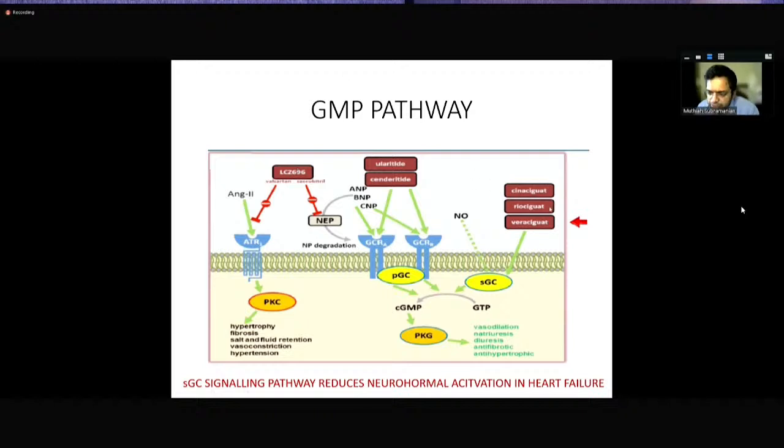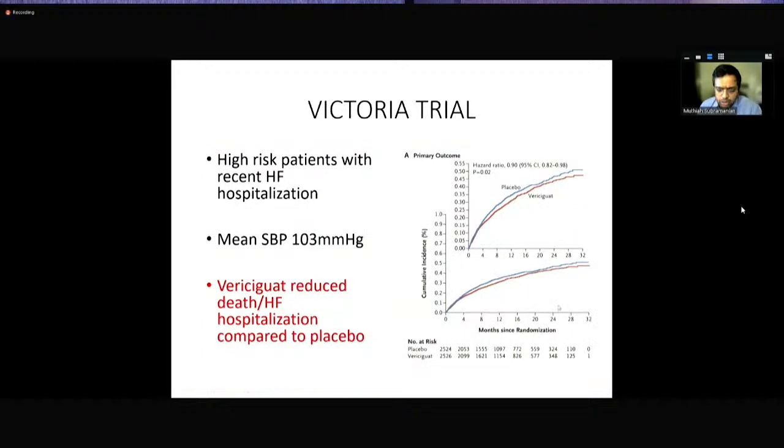This molecule has really showed a reduction in heart failure hospitalization. The mechanism of action of vericiguat is such that it doesn't really reduce your systolic blood pressure much. In the original trial, the reduction in systolic blood pressure was only 2 to 3 millimeters of mercury.